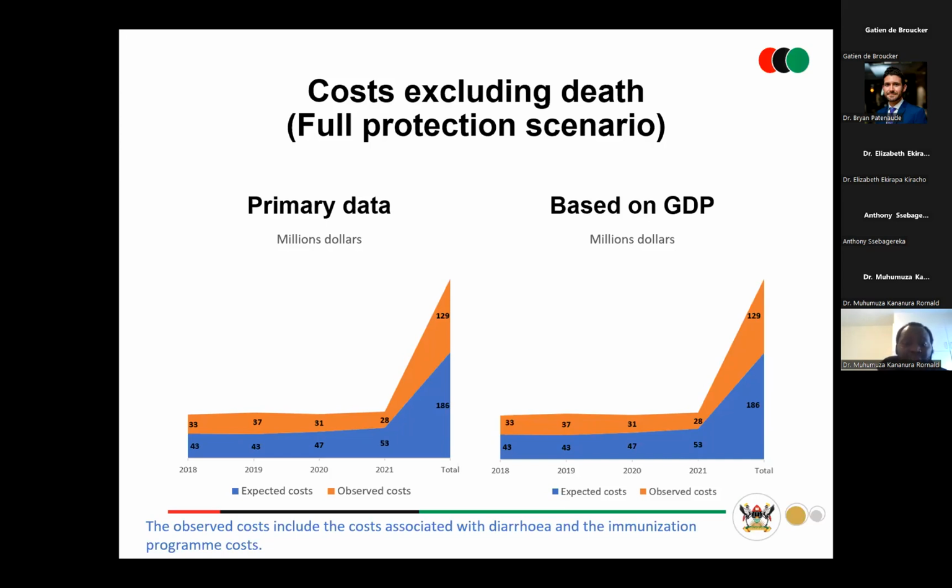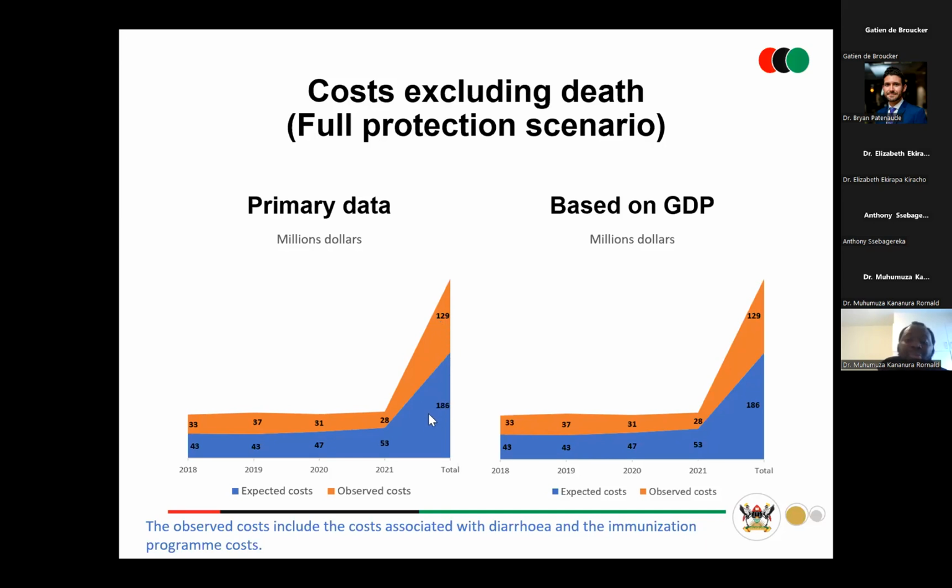And in terms of costs in 2010, there was $186 million spent on diarrhea treatment. And in terms of what we actually spent, it is 2,129.